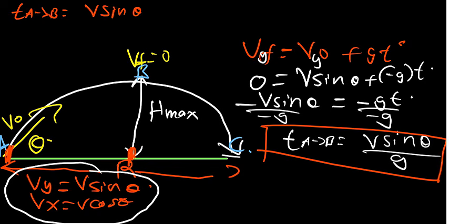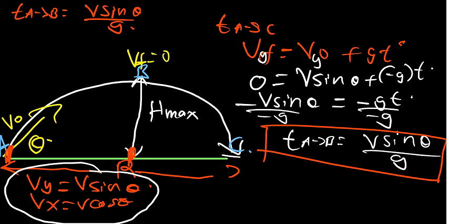Now, what of the time from A all the way to C? The time it's going to take from A to B is going to be the same as the time it's going to take from B to C. It is the same as just taking this formula which we have just come up with times 2, meaning how long it was in air.